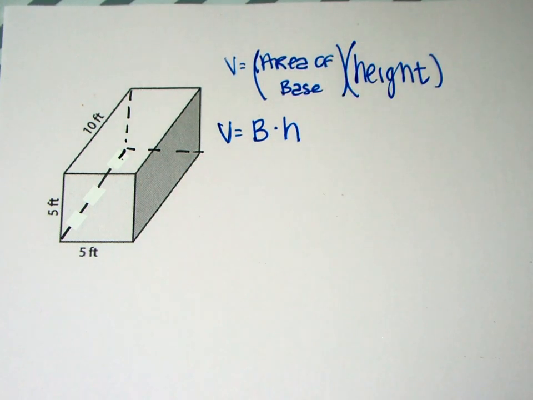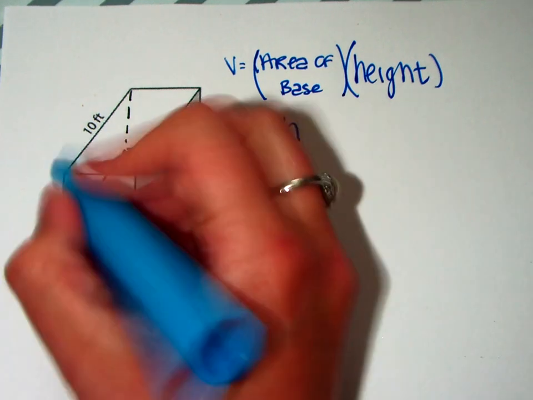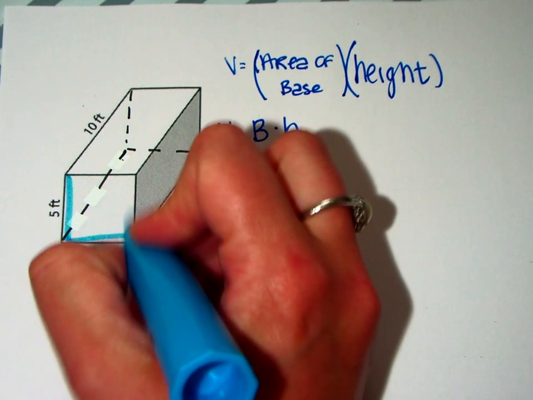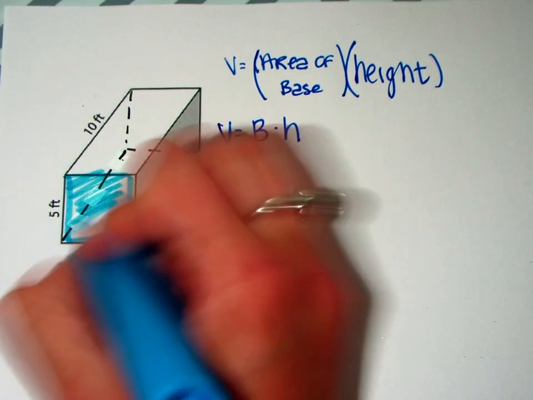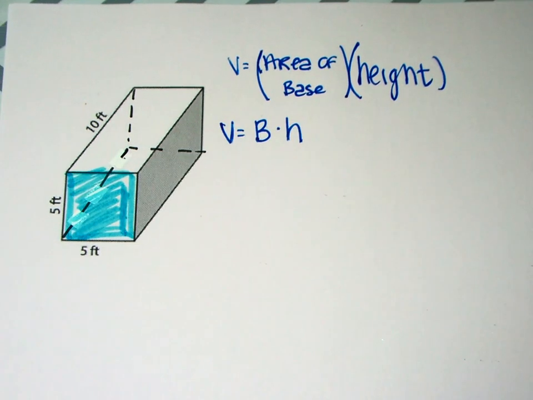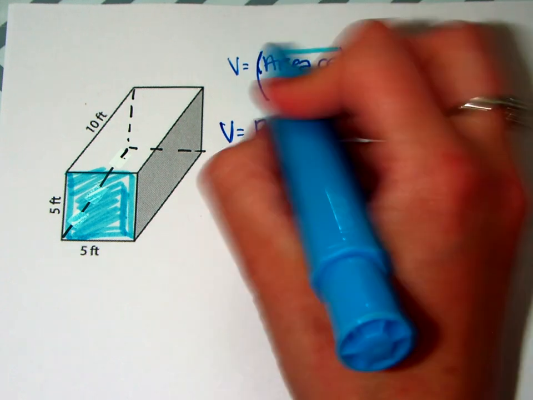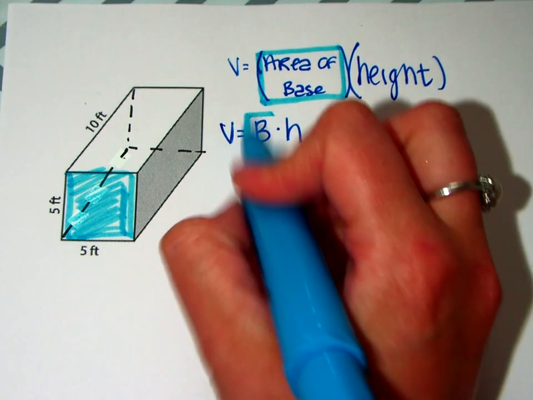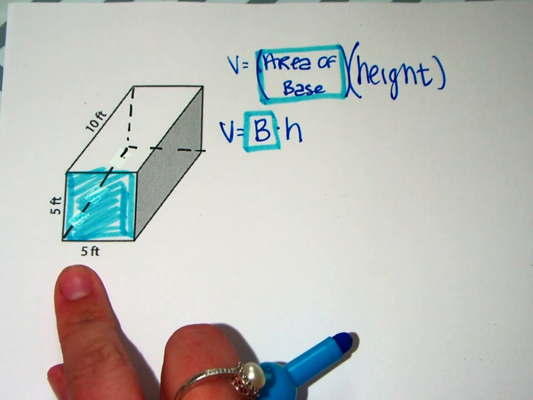So looking at this shape, it is a square prism because our base shape is located here. This is my base. It kind of looks like a loaf of bread, like a square loaf of bread. When I'm focusing on my area of the base, I need to be thinking about what this base shape is.